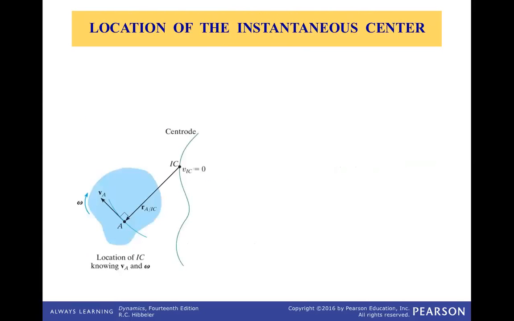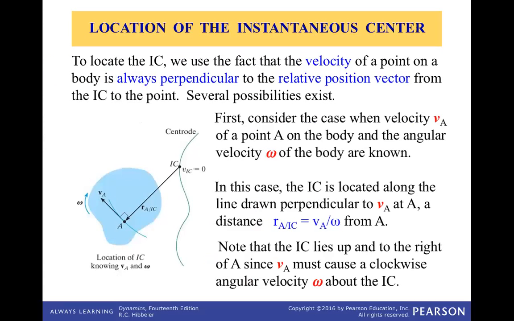You will see that, and then there's a case where we can see why it's not on the body. If an object is having general planar motion, the IC is always the point that has zero velocity at that instant. To locate the IC, we need to use the fact that the velocity at a point on the body is always perpendicular to the relative position vector from the IC.